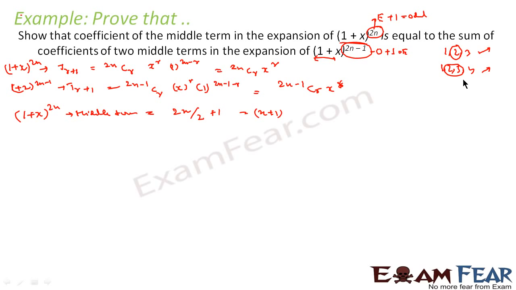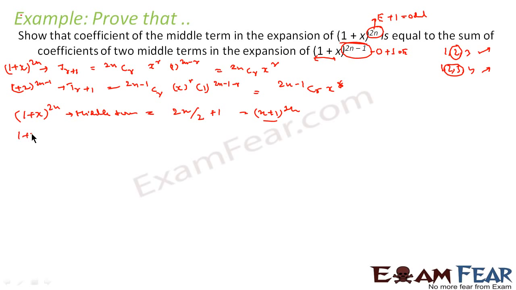We have also learned in the past slides that in case of (1 plus x) to the power of an even number, the middle term is the even number by 2 plus 1. So here the n plus 1th term is the middle term.